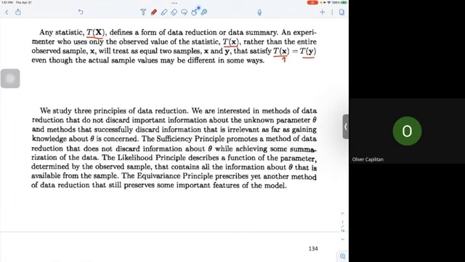It prescribes yet another method of data reduction and still preserves some important features of the model. And we will see in this method what we call invariance in our function or distribution. So we have three principles of data reduction.